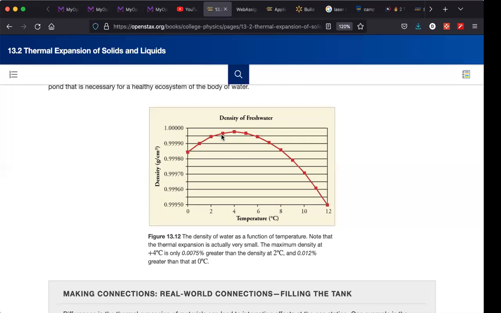It sank down to the bottom of the lake because 4 degree water is the most dense water that there is. If you get any colder than that, you get less dense. If you get any warmer than that, you get less dense, and then you rise to the top again. So that 4 degree water fell to the bottom of Lake Tahoe 1 billion years ago, and it's been sitting there doing nothing for that long.